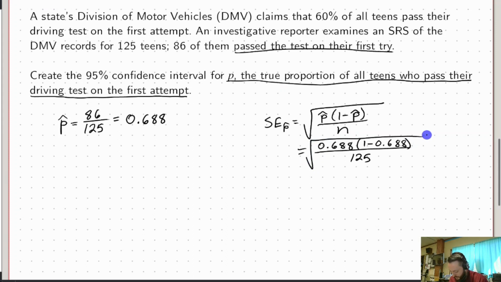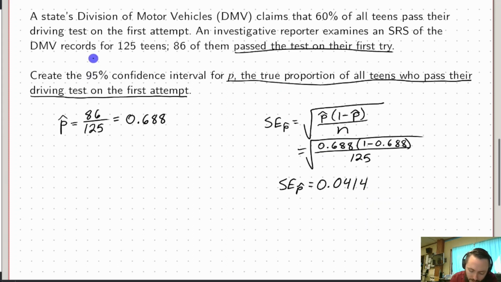Put that into the calculator. And our standard error is 0.0414. More decimal places than needed, but that's okay.